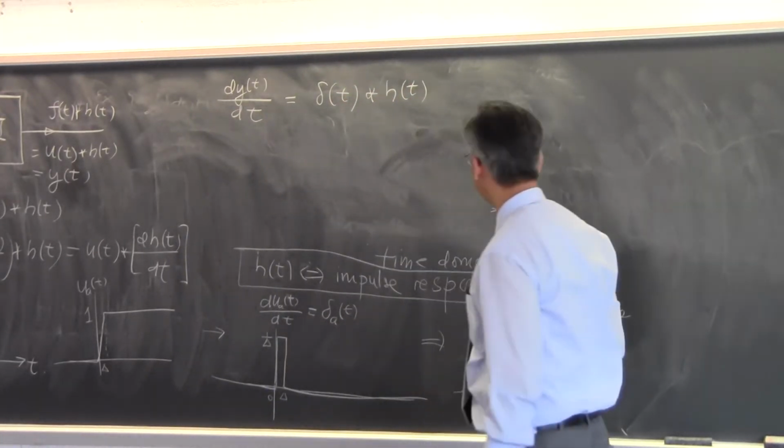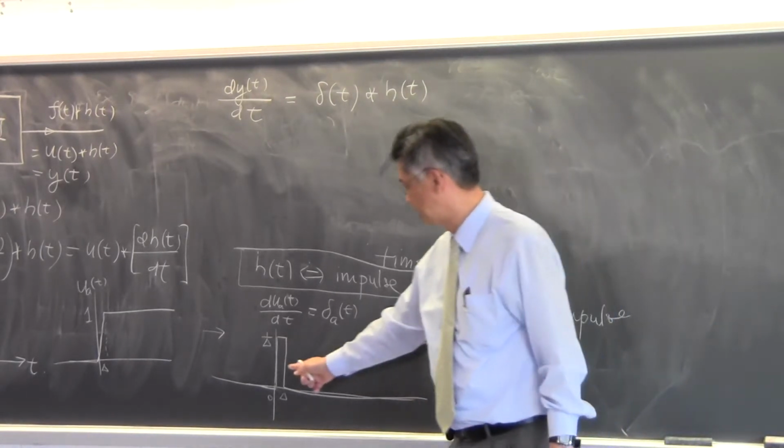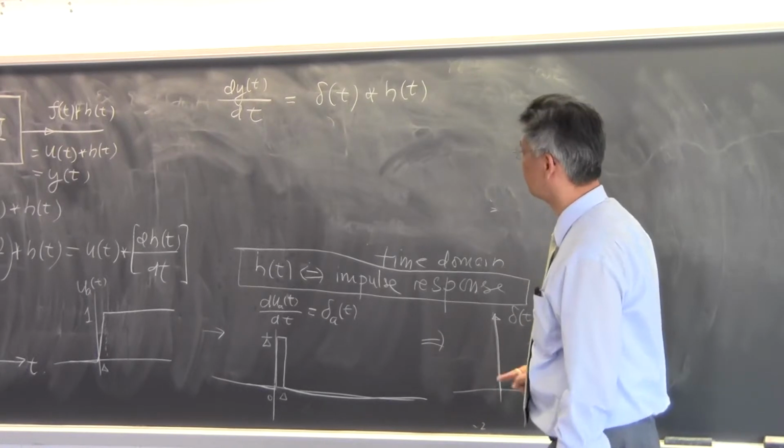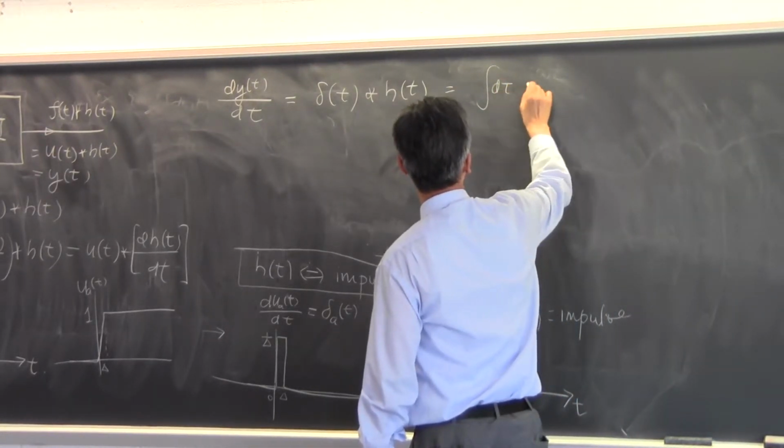An impulse function is an infinitely narrow function that is a limiting case of this function, but it's zero everywhere. If you were to perform this integration, you can do it two ways.